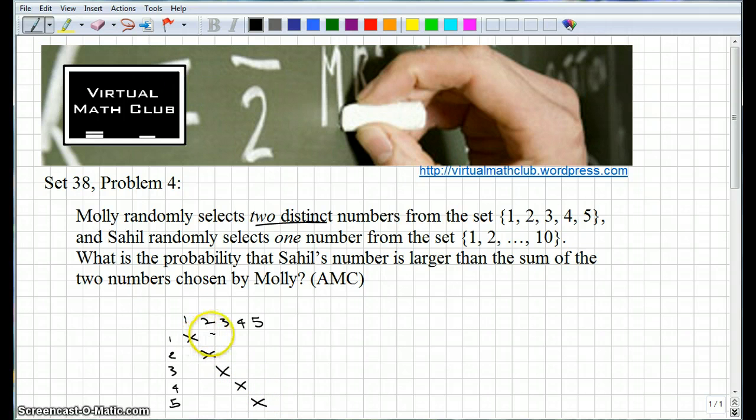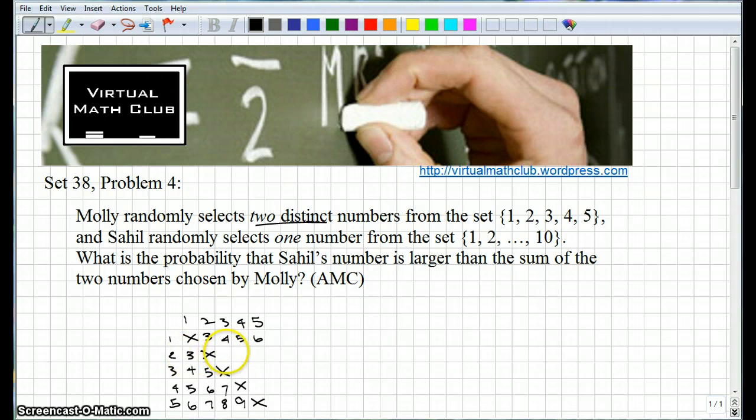So the possible combinations would be 1 and 2, which would give you a sum of 3, 1 and 3, which would give you a sum of 4, 5, 6. The sums here would be 3, 4, 5, and 6. And again, 5, 6, 7, then 7, 8, and 9.